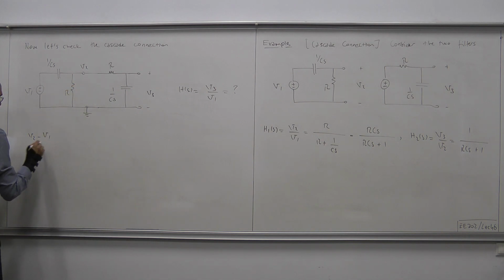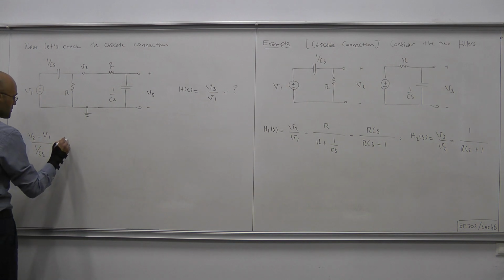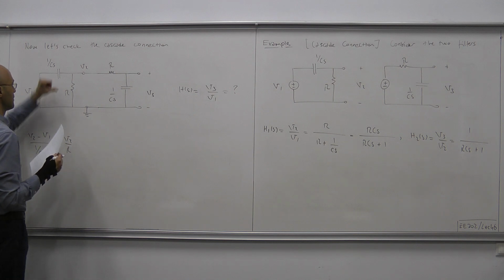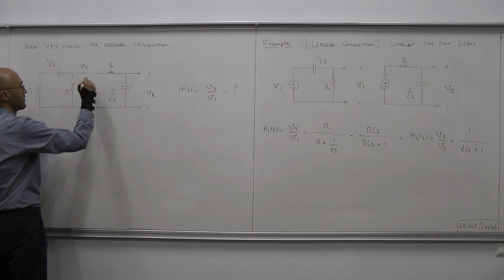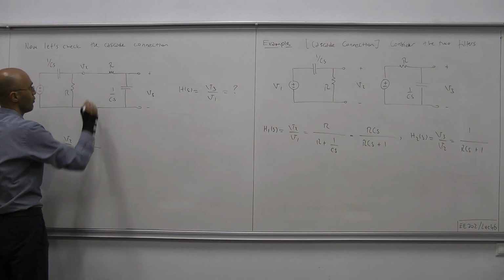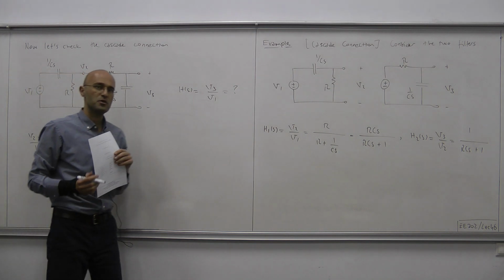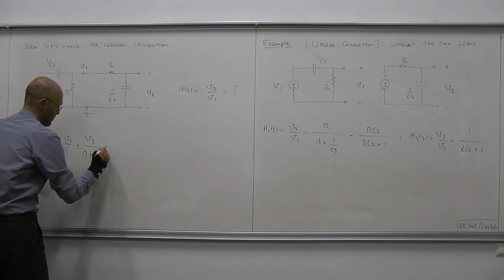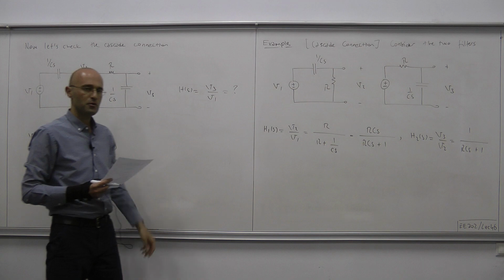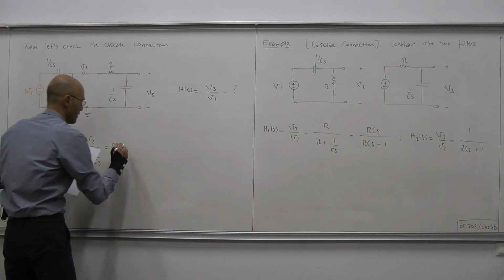V2 minus V1 over 1 over CS plus V2 over R, and then this is open circuit, therefore finally this current is V2 over this equivalent impedance, which is R plus 1 over CS. Okay, by KCL that should produce 0.